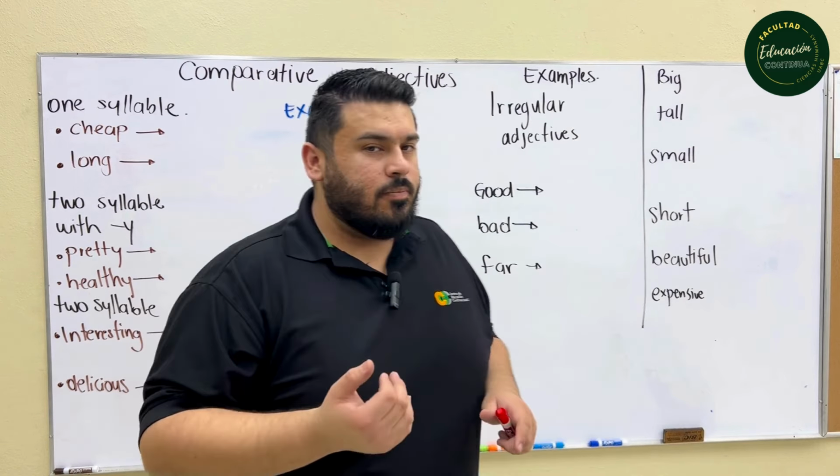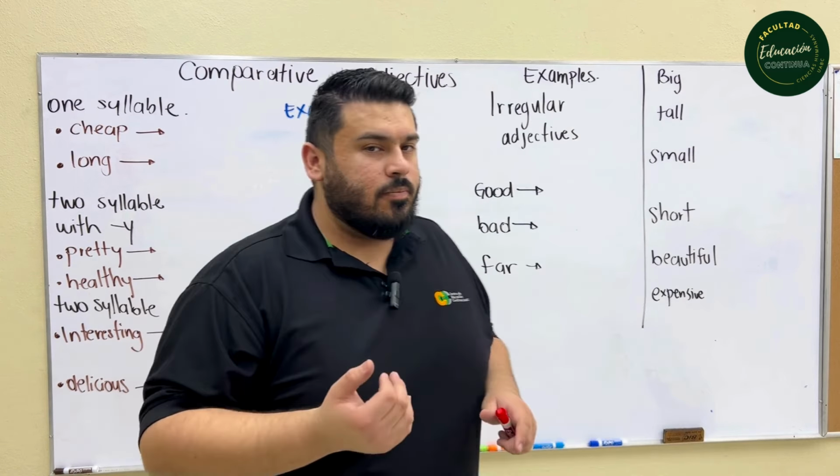When you hear one sound, you have to write down ER at the end of the adjective. Okay? Cheap changes to cheaper. So, write it down. The word cheaper means más barato. So the ER is the same as más.